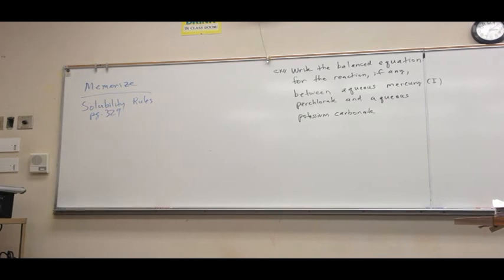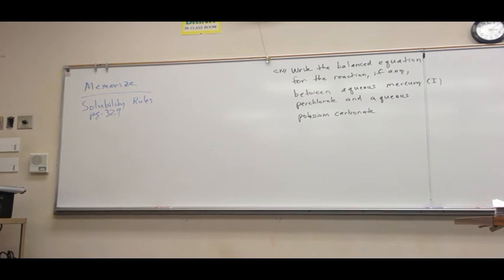And that second rule, number 2, says that most nitrates, acetates, and perchlorates are soluble. The way this table works, again, it's different than the one in Chem 142 that we used. This is hierarchical. If two rules conflict, the one that's higher up with a lower number predominates.